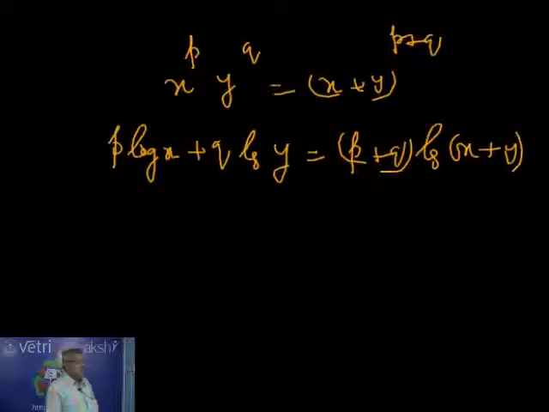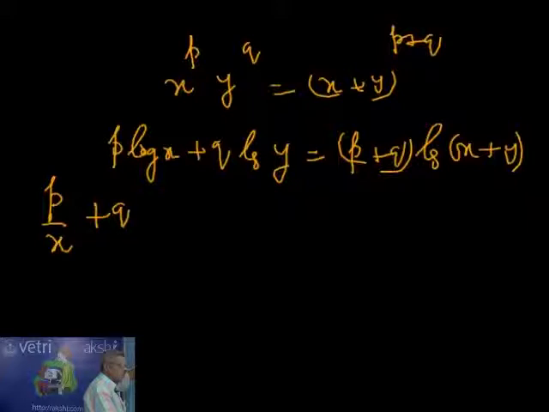Now we are ready to differentiate. Differentiating p log x gives p by x. Differentiating q log y gives 1 by y, dy by dx, because differentiating log y is 1 by y, dy by dx. Log f(x) gives 1 by f(x), f dash x, like that.